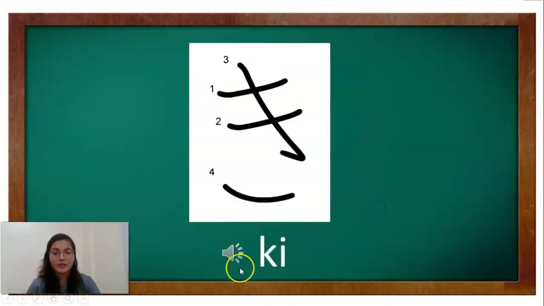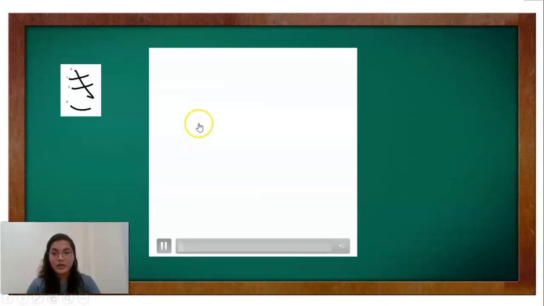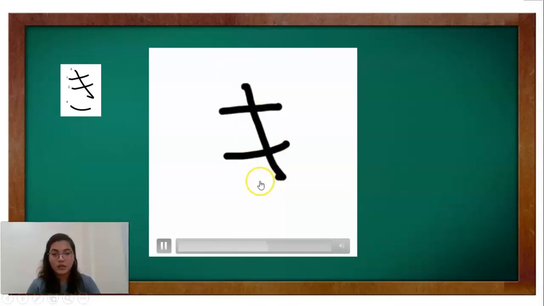Okay, next is Ki. Ki has 4 strokes. 1, 2, 3, and 4. Okay. Again. 1, 2, 3, 4.